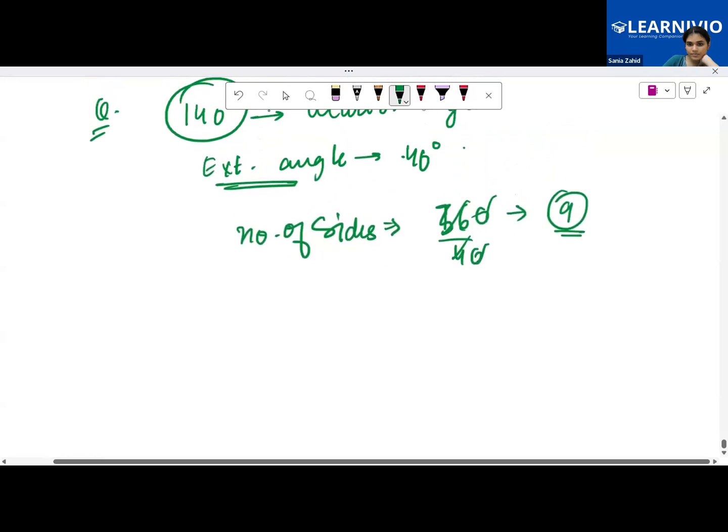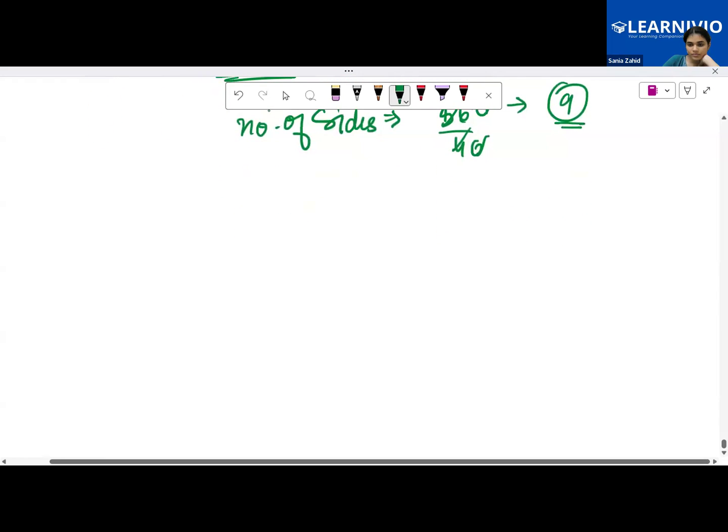Anything else? Aman, you can also bring up your doubts if you have any. Yes, ma'am. Ma'am, three angles of a quadrilateral are 120, 60, and 50.